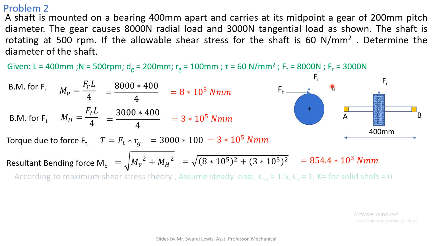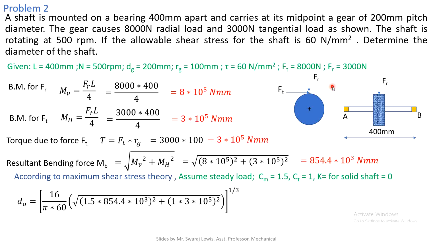So directly we will go according to the maximum shear stress theory, assuming that Cm equals 1.5 and Ct equals 1, and K equals 0 for a solid shaft. Since they have not mentioned any detail about the shaft, we assume it as solid and we assume steady load. Since a gear is there, most of the time the load will be steady.